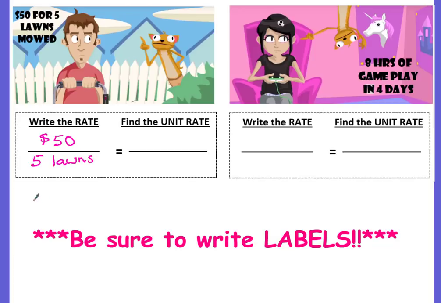So this is my rate. Now to find my unit rate, I want to go from 5 lawns to 1 lawn. And to do that, I just divide by 5. Then I have to do the same thing to my money. $50 divided by 5 is going to give you $10. So the unit rate is $10 for 1 lawn, or $10 per lawn.